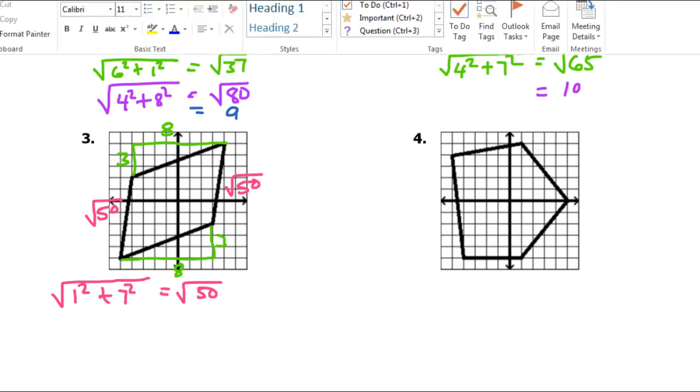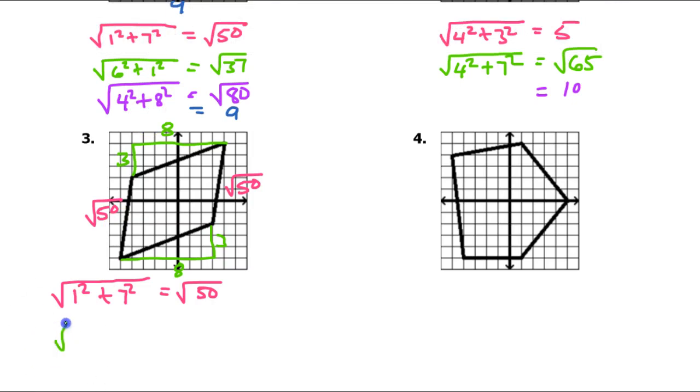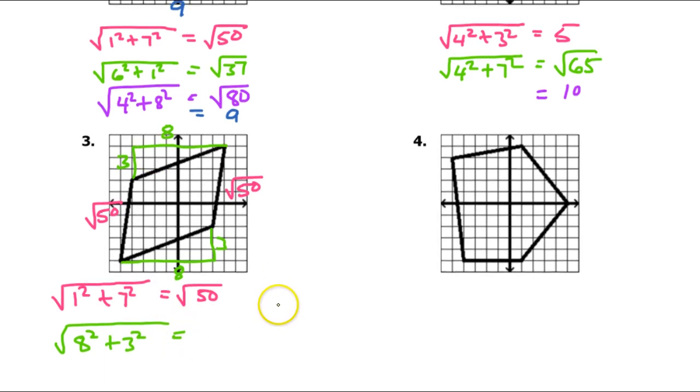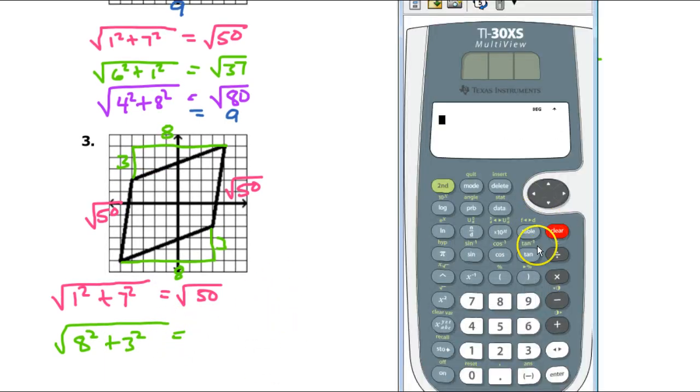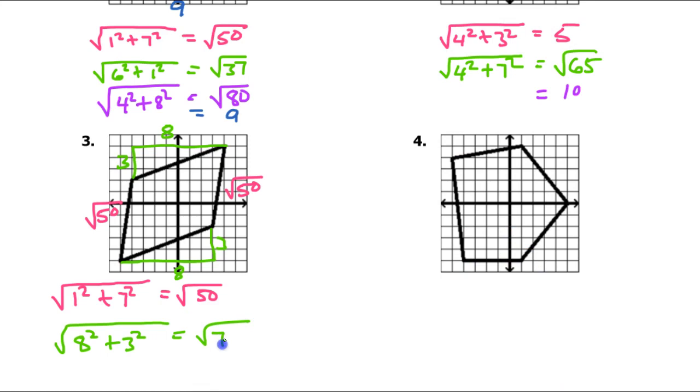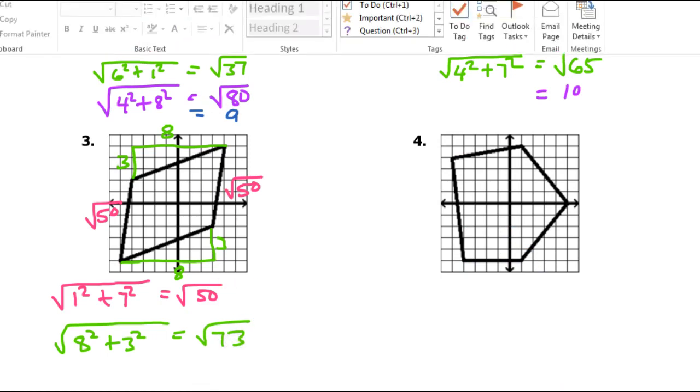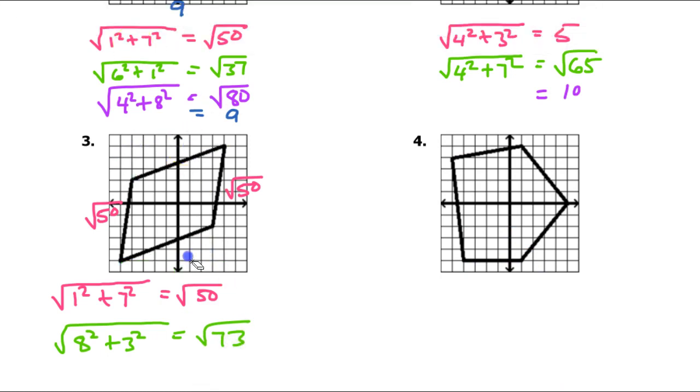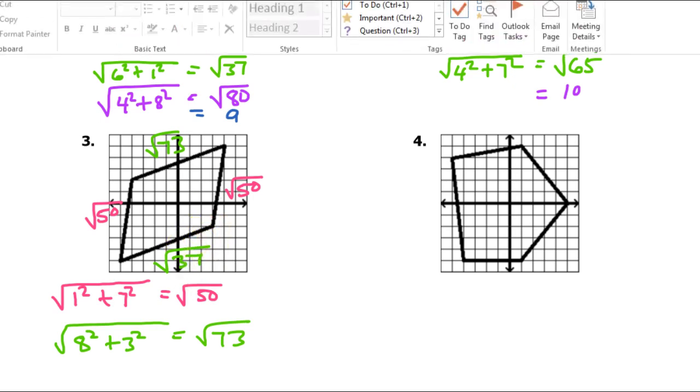Anyway, when I do my calculations, it's going to be the square root of 8 squared plus 3 squared for both of these. So that's going to be the square root of 73. Whoops, I put 37, didn't I?